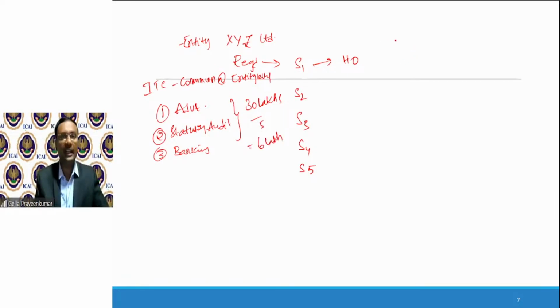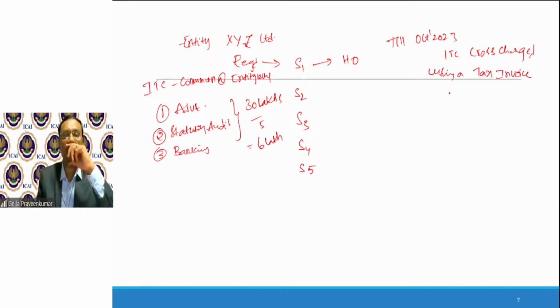Now, till October 2023, ITC was cross-charged using a tax invoice. That means state 1 bills state 2, state 3, state 4, state 5.